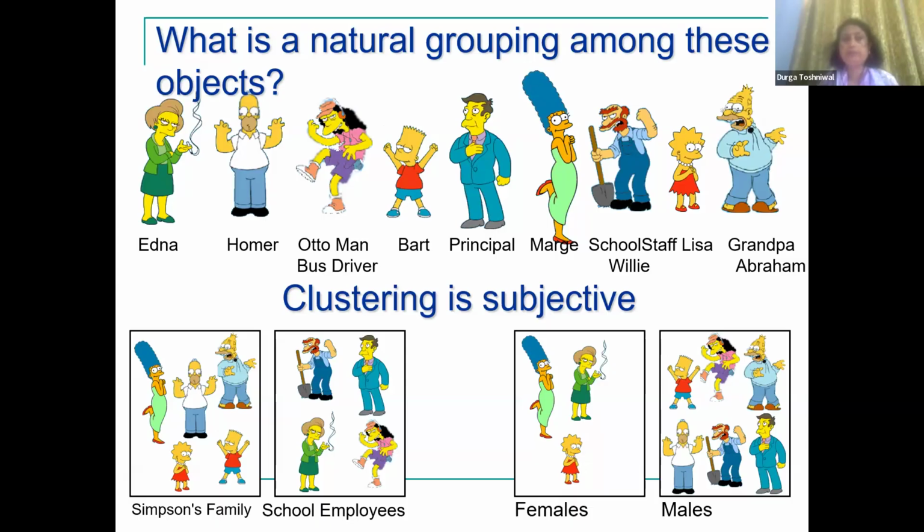Maybe in a context where we want to identify how many of the family members are males versus females, then doing a clustering on the basis of Simpson's family and extended family may not be correct. So clustering is really very subjective. And it purely depends on how we want to do it, what we want to do with the data. There can be many ways of clustering the same given set of data.